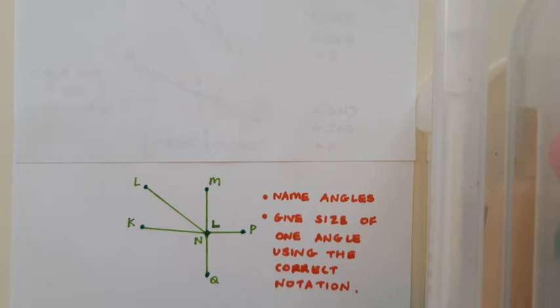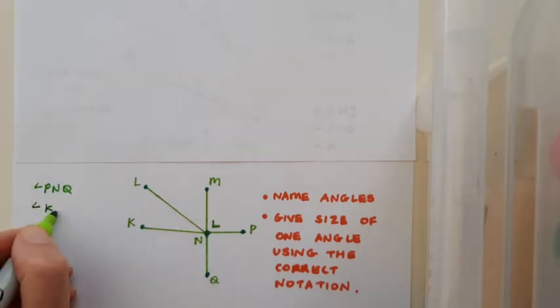Okay, so first of all, naming the angles, I'm going to start here with this angle. This I could name the angle PNQ or alternatively QNP. Either is correct. So this is the angle PNQ. This angle could be called the angle KNQ or the angle QNK. Again, either option there is fine.